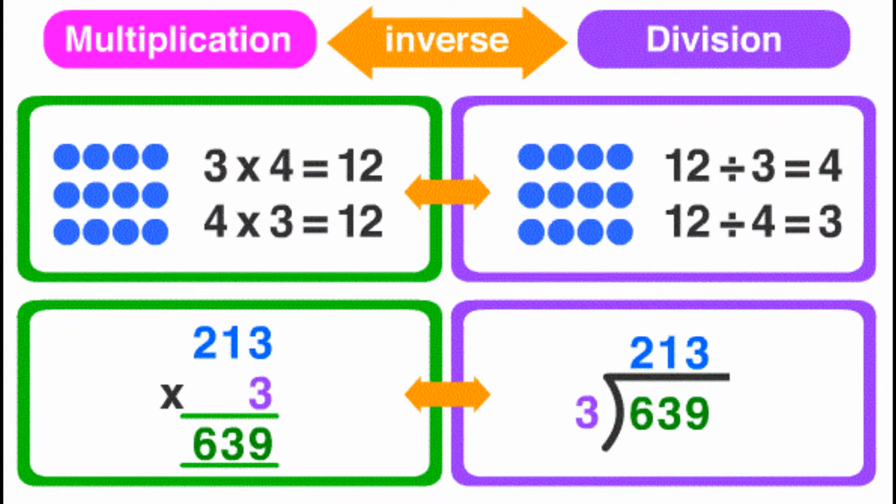The examples at the bottom, you can see much bigger numbers, but it still works. 213 times 3 is 639. Now, the example on the right at the bottom is a very posh grown-up way of doing division, which we haven't learnt yet. So 639, if you divide that back into 3 groups, you will end up with 213. Brilliant! Back to Mrs. Francis.